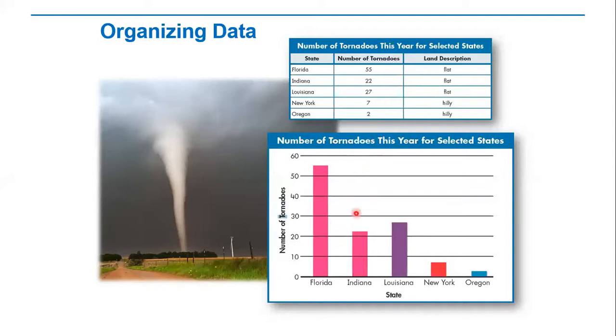Table and bar graph have the same information but in different ways. Here we have the number of tornadoes this year for selected states, okay? Here we have the frequencies of tornadoes.